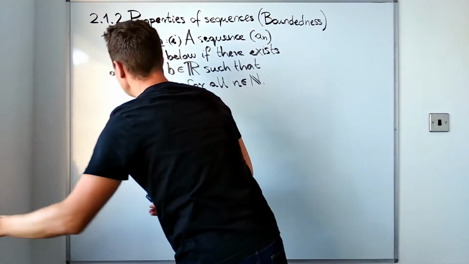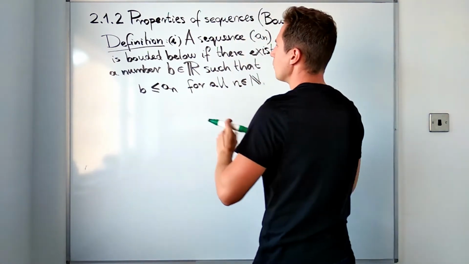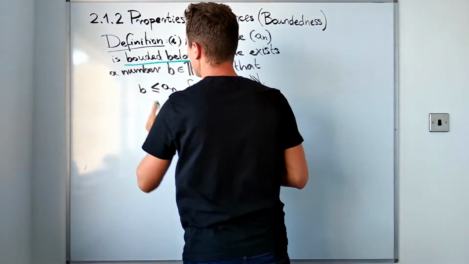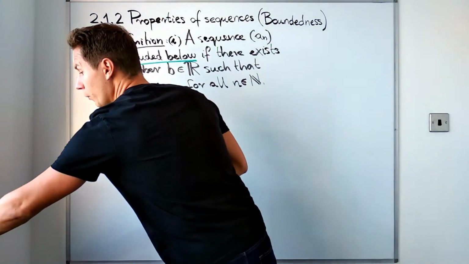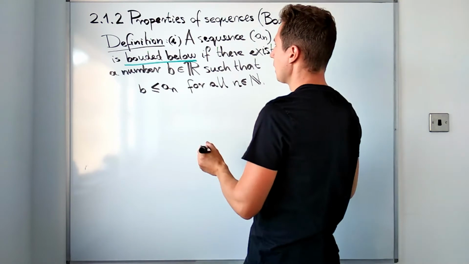Okay, this is when we say that a sequence is bounded below by this number little b, which we might call a lower bound for our sequence.